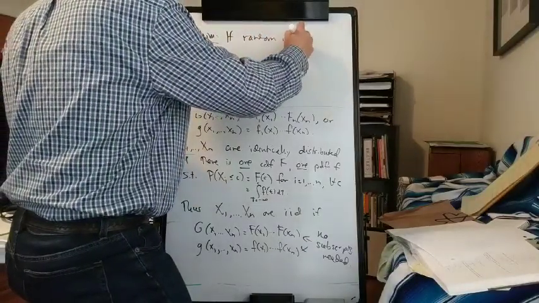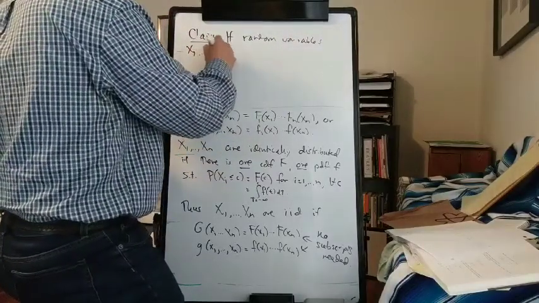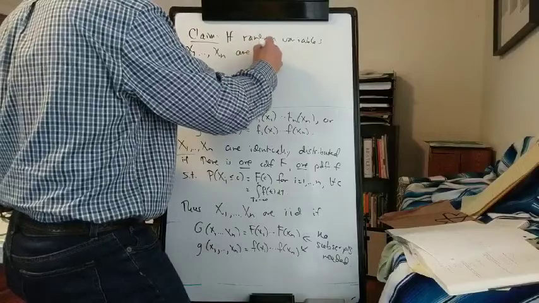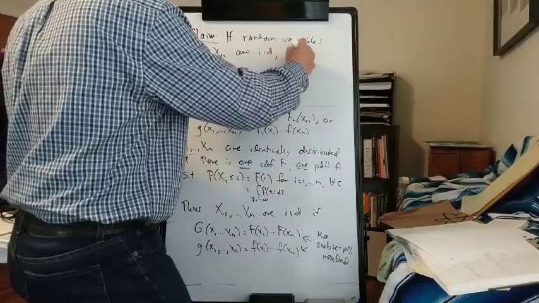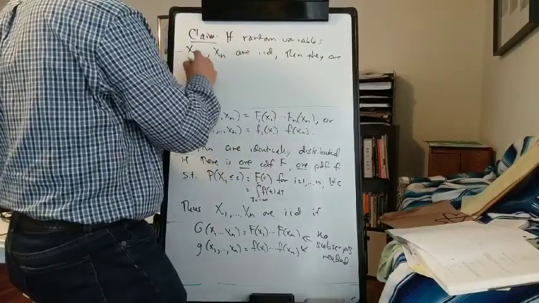So if random variables X1 through Xn are independent and identically distributed, then they are exchangeable.